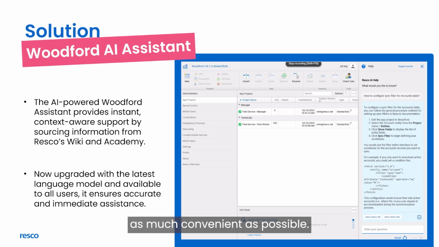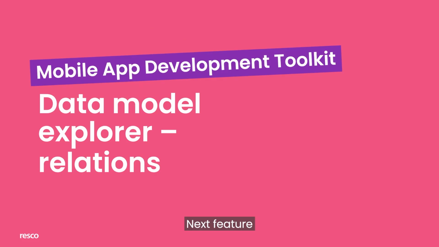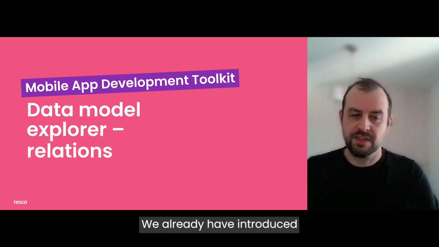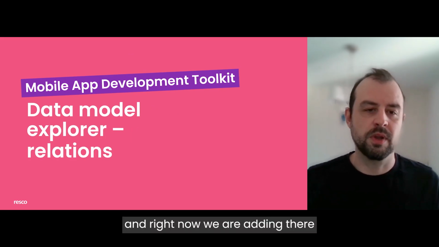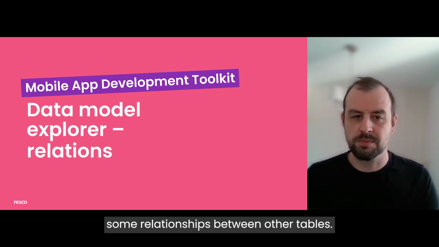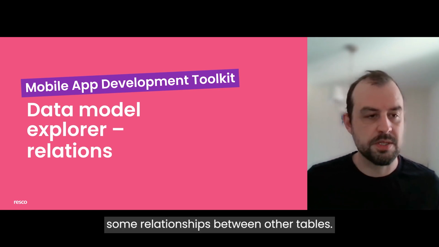The next feature is about Data Model Explorer and relations. We already introduced the Data Model Explorer in the last release, and right now we are adding relationships between tables.